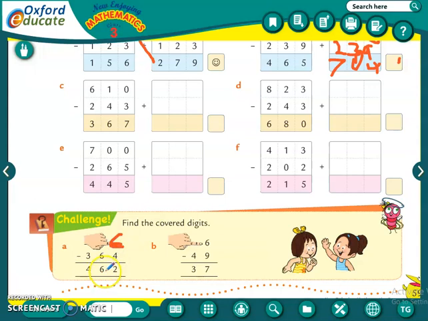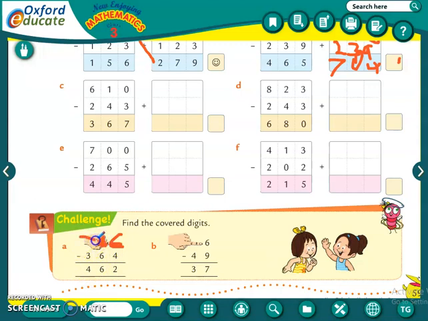Then the answer is 6. Then what will be here? 0 and minus 3 is equal to 4.